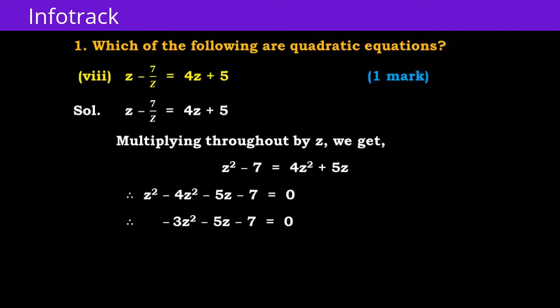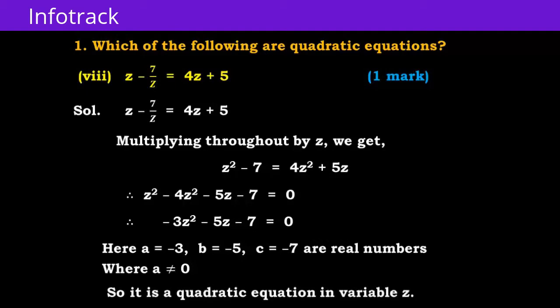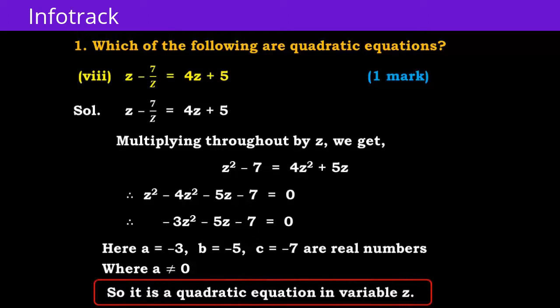In the form ax square plus bx plus c is equal to 0, we can say a is equal to minus 3, b is equal to minus 5, c is equal to minus 7 are real numbers and a is not equal to 0. Therefore, it is a quadratic equation in variable z. So, in this way we can say this is a quadratic equation.